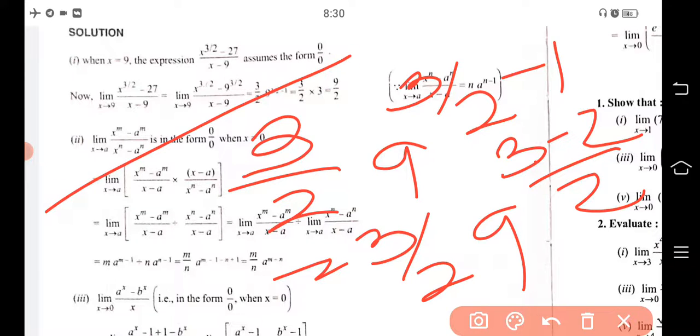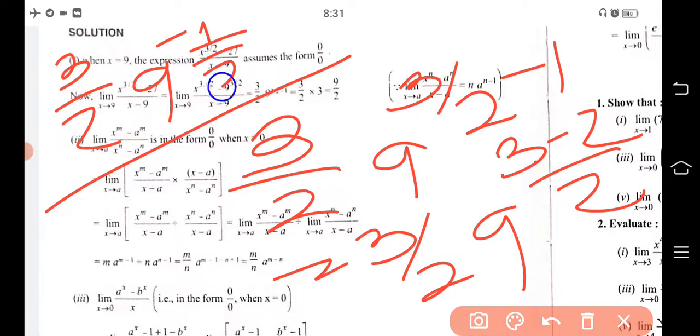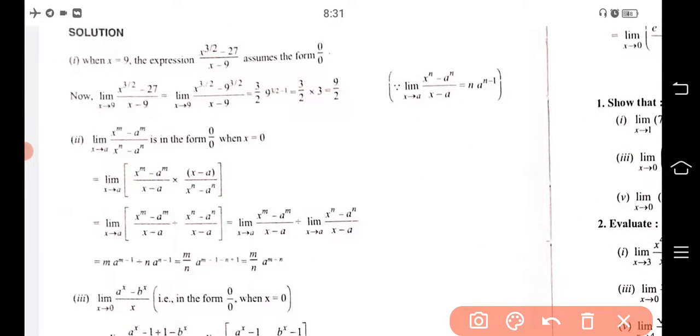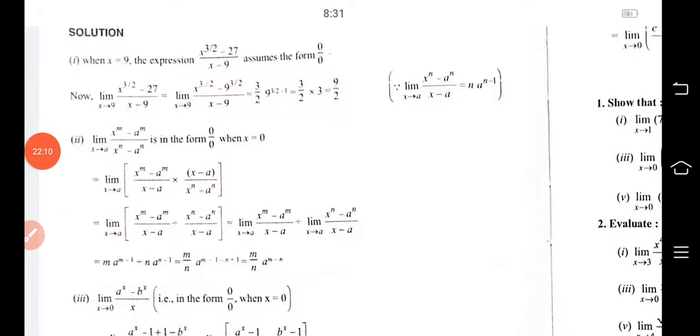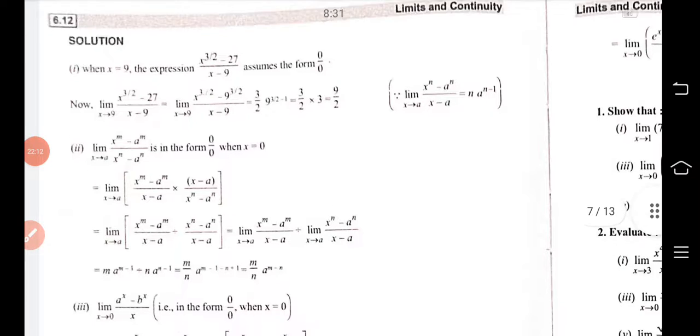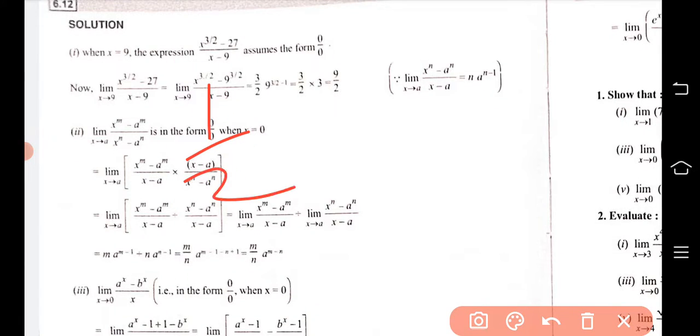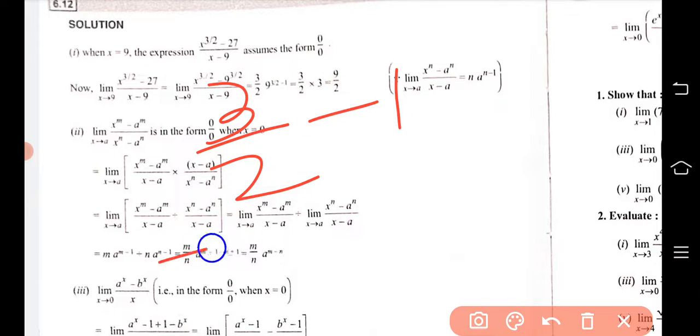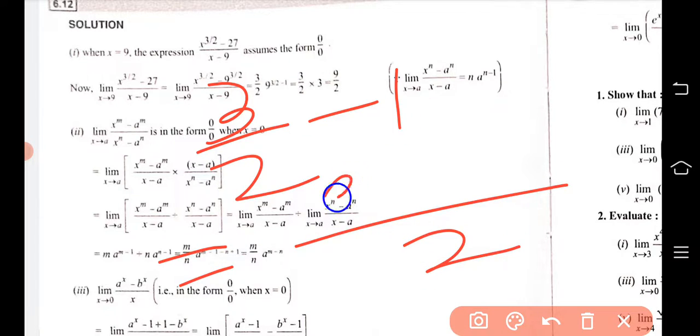So we have 3 by 2 times 9 to the power, sorry, we will get not minus 1 by 2, only 1 by 2, I made a mistake, don't mistake that. 3 by 2 minus 1 is nothing but 1 by 2, because 3 minus 2 over 2 is 1 by 2.